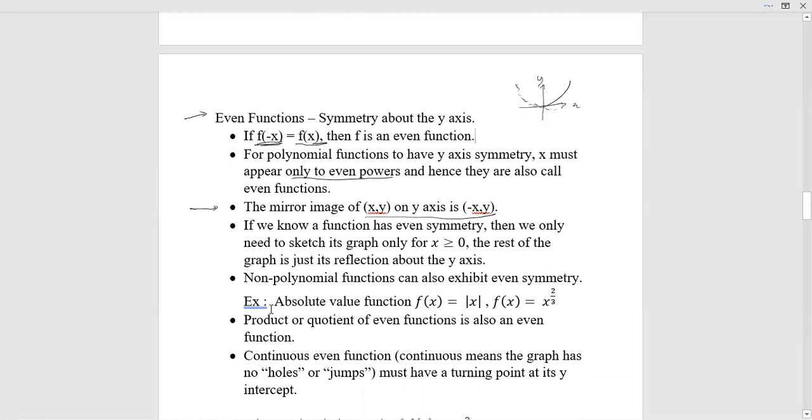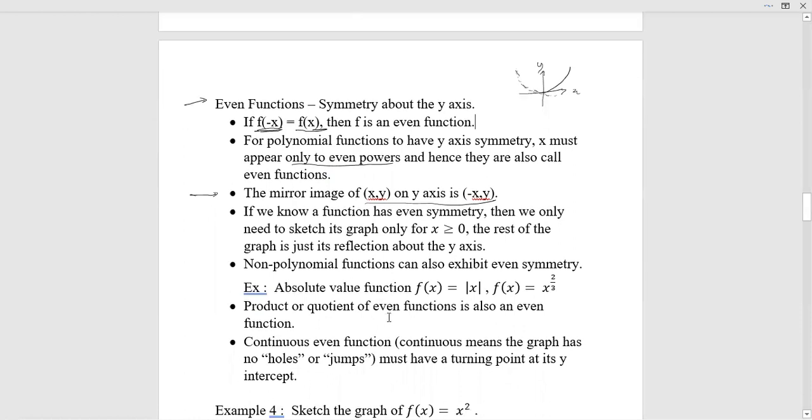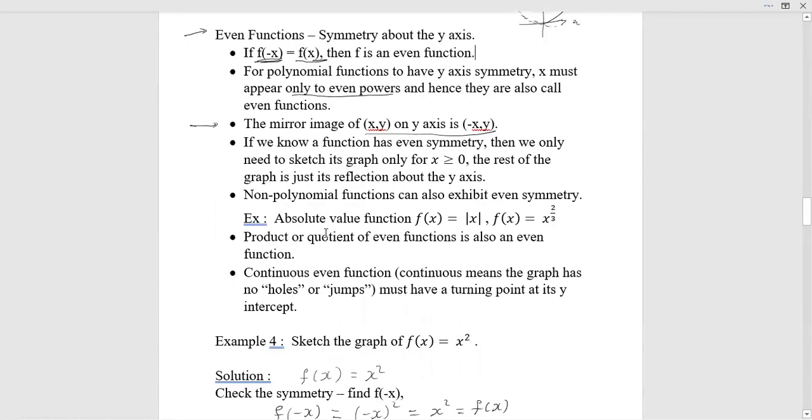Non-polynomial functions can also exhibit even symmetry. I give two examples: the absolute value, or f(x) equals x to the power 2 over 3, with this rational exponent 2 over 3, but still look, its power is even. The radical part is odd, but the power is even.